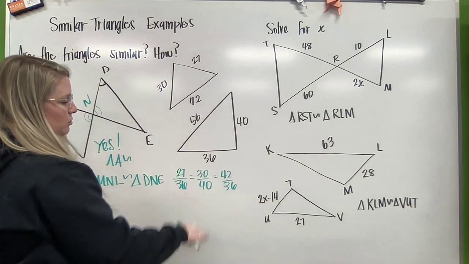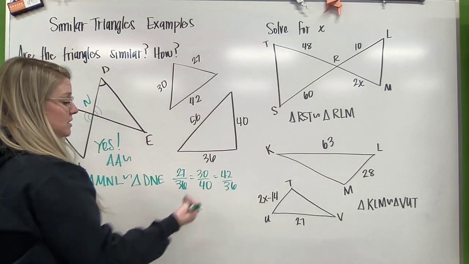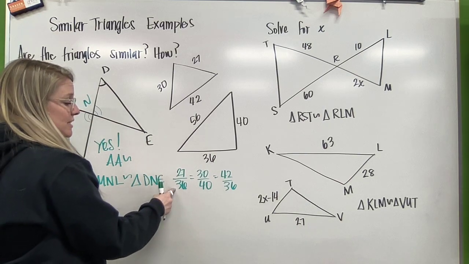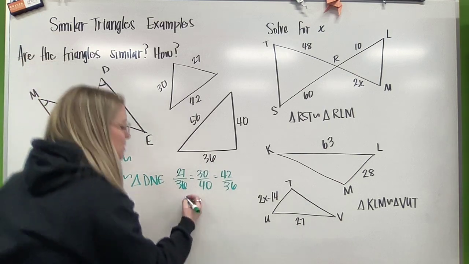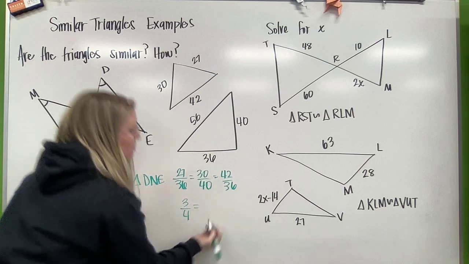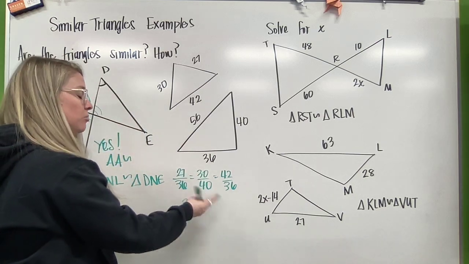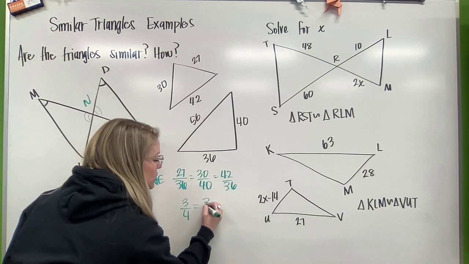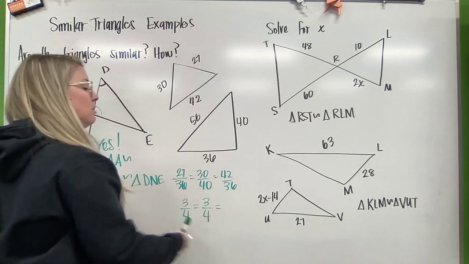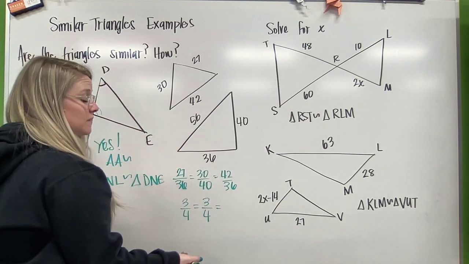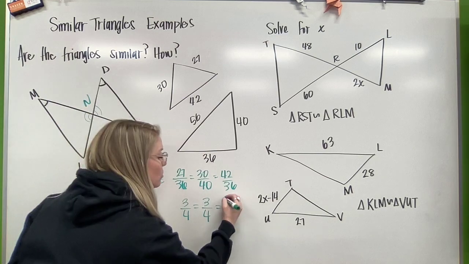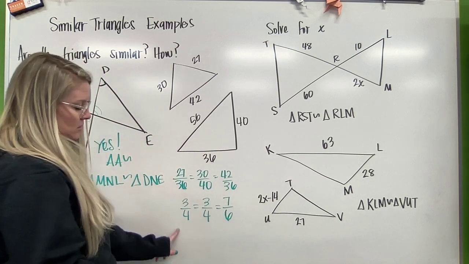So I'm going to go ahead and start reducing and seeing what happens. 27 and 36 are both divisible by 9, so that's going to give me 3 over 4. 30 and 40 are both divisible by 10, which gives me 3 over 4. 42 and 36 are both divisible by 6, which is 7 over 6.